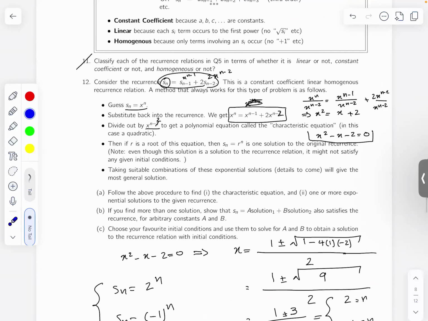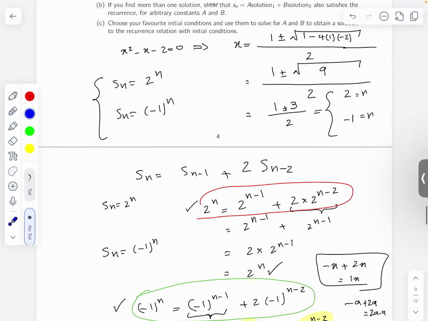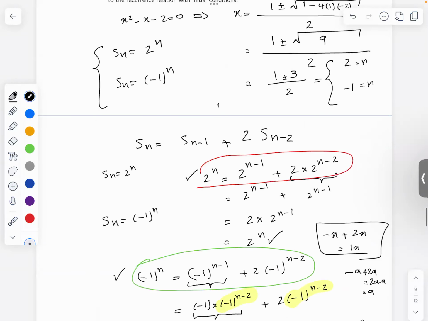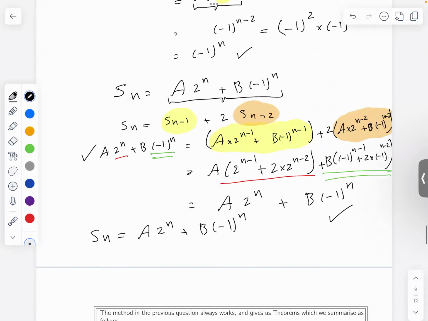Favorite. This means Sn is A times 2 power n plus B times minus 1 power n. Since Sn is of order 2 because it depends on n minus 1 and n minus 2, we can choose any two arbitrary initial conditions.